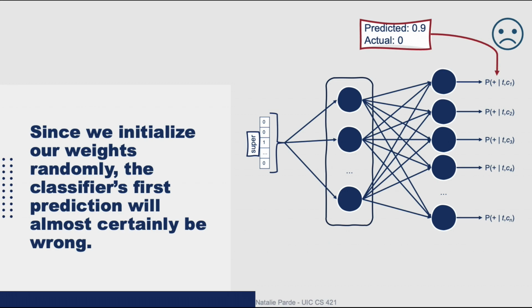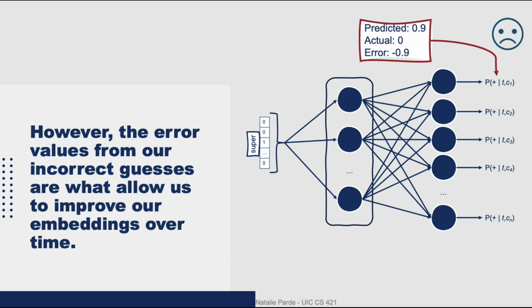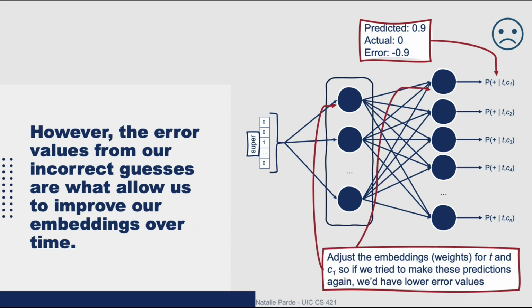Since the weights are randomly initialized, they're almost certain to be wrong for the classifier's first prediction. However, just like with logistic regression, we can make use of the error values from our incorrect guesses to update our weights in hopes of making better predictions the next time.